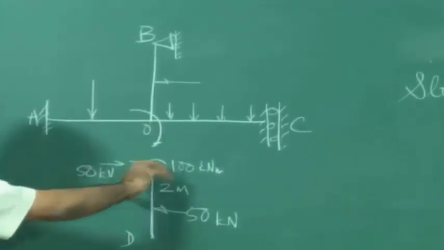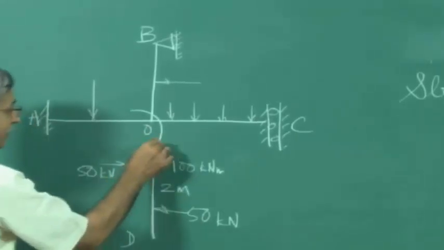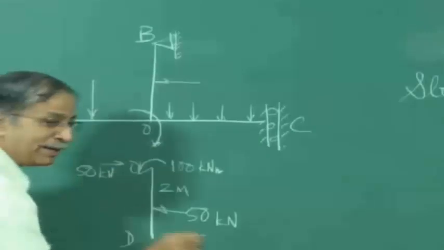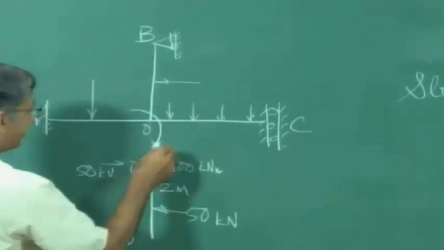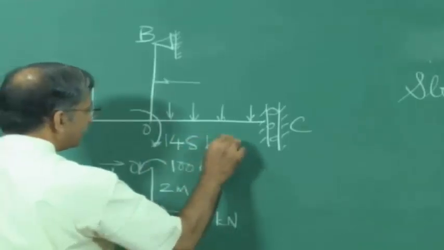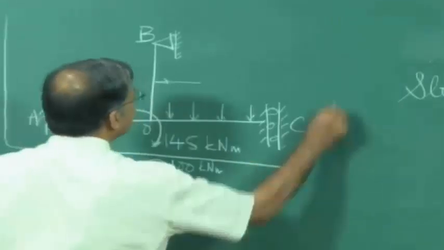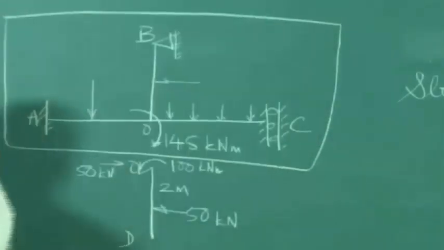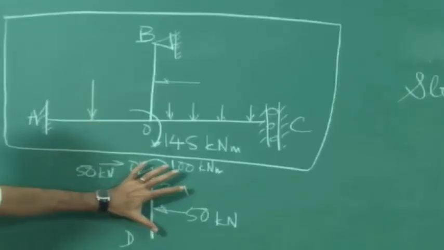And it's going to be a clockwise moment. So this 100 will come here, but there's already a 45 kilonewton meter acting there in the original problem. So you have a net moment here of 145 kilonewton meter. So this is the problem that you need to solve. That huge problem has simplified to this part.